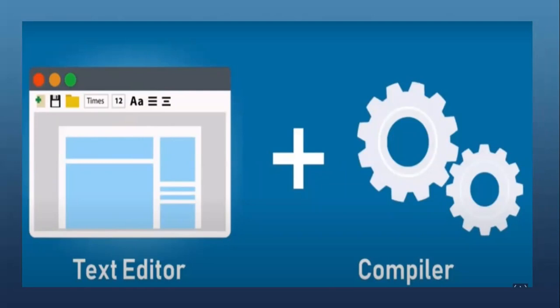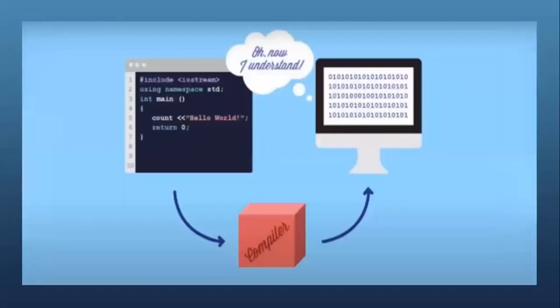But what's a compiler? It is a special program that processes statements written in the programming language and then turns them into machine language, which are basically the zeros and ones, which a computer can understand.